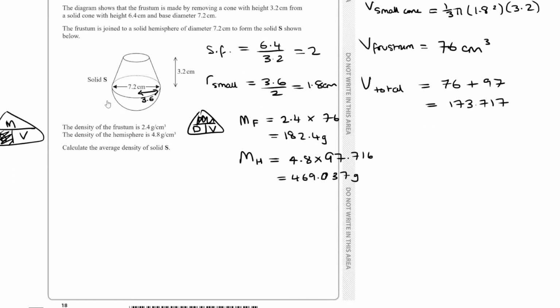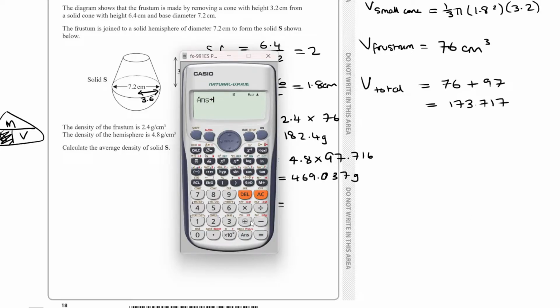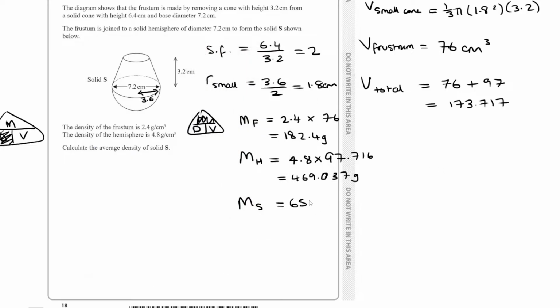So then the total mass, I'll put S for the solid shape, is this answer plus the 182.4. So 651.4. And now finally, we've got our total volume and the total mass, so the density of the whole thing is mass divided by volume.